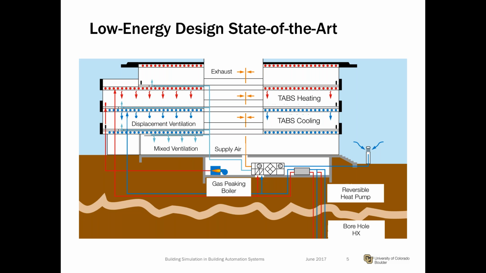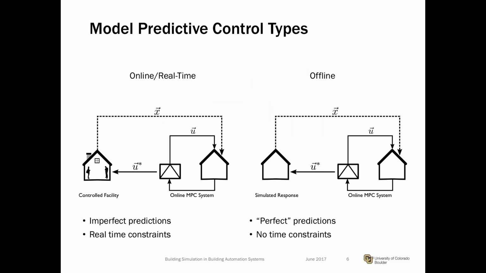And the approach we're taking here is to harness a model to optimize the building with respect to some objective function. We're basically looking at two approaches to this so-called model predictive control. On the left-hand side, you see the case of online or real-time control.